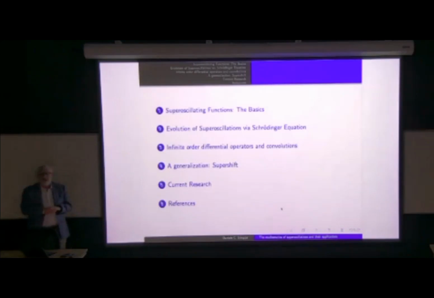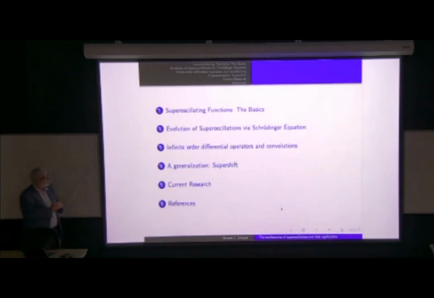As it turns out, the way we dealt with it requires us to abandon the real line and move into the complex plane and use something called infinite-order differential operators.